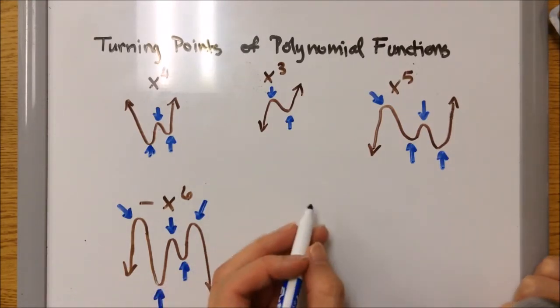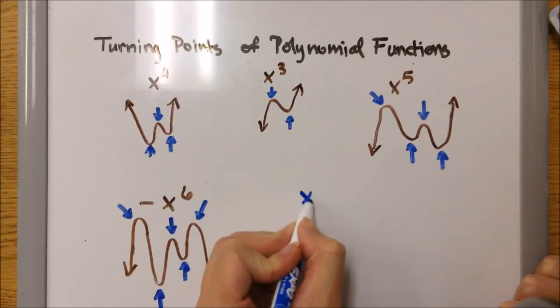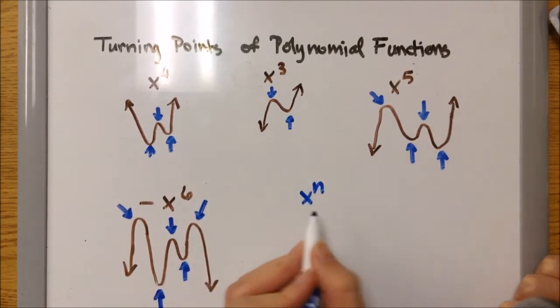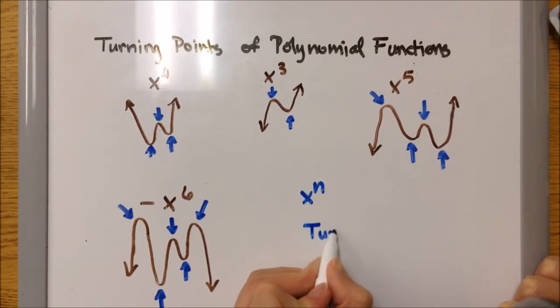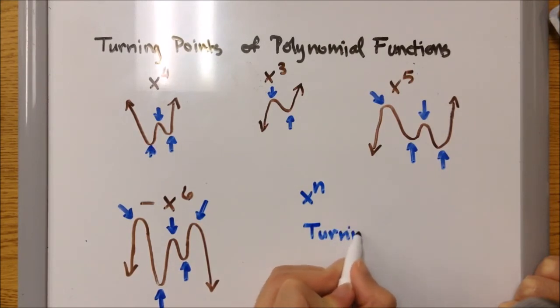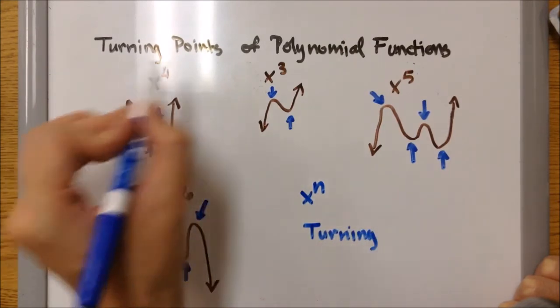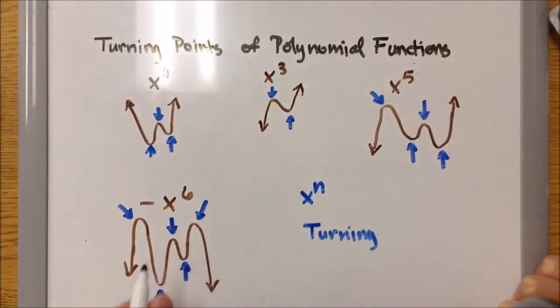So let's write out the rule. So x to the n power, where n represents the exponent. So turning points. Now I'm going to label turning points of polynomial function, but I'm just going to write turning points.